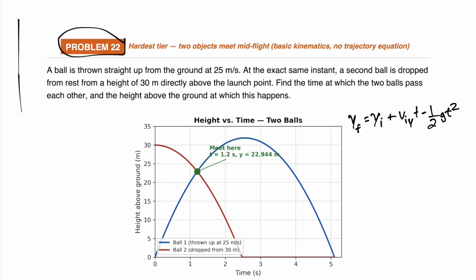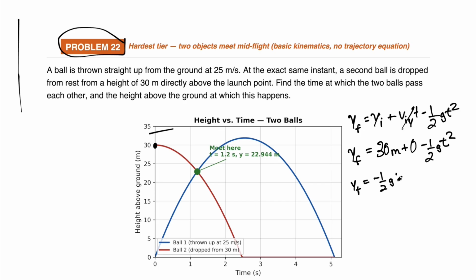So for the dropped ball, y initial is 30 meters, plus viy t. Velocity initial y is 0 because it's just dropped, so that cancels out to become 0. Minus 1/2 gt squared. Okay, so that's pretty straightforward.